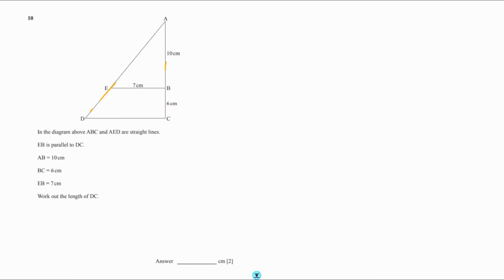So this is a very typical triangle similarity question. We know that EB is parallel to DC. By knowing that they are parallel, we can talk about corresponding angles. If I continue these lines, you see that there is a line intersecting two parallel lines, and that line the same.